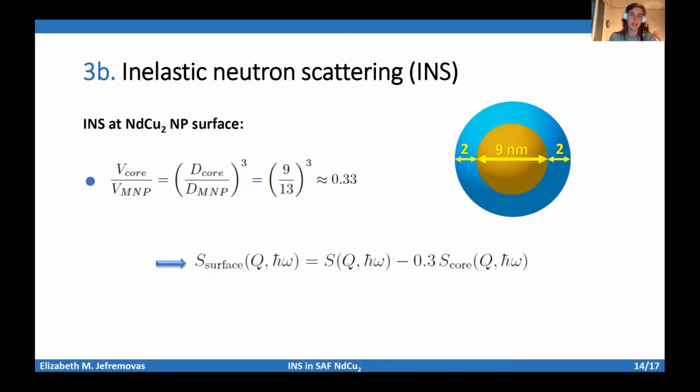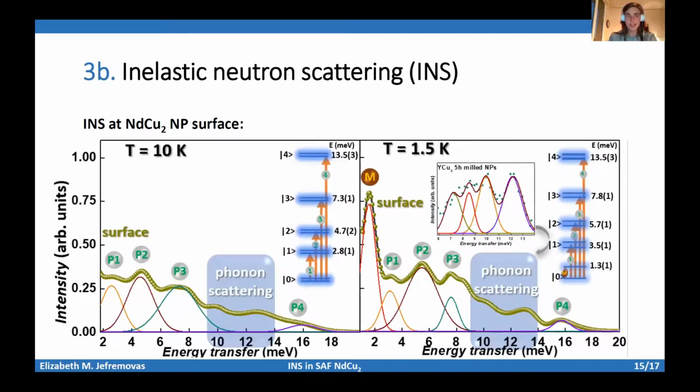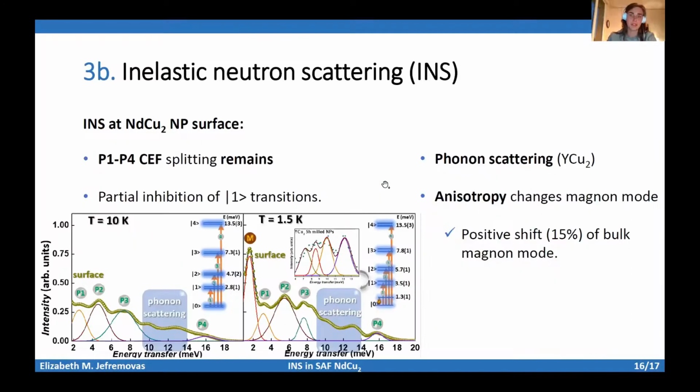What we observe is that these crystalline electric field peaks remain in the nanoparticle, and so does the magnon excitation. This is absolutely unprecedented for 4f based nanoparticles. And there is a little shift of the magnon due to the anisotropy, which is a really striking result, at least from my side.